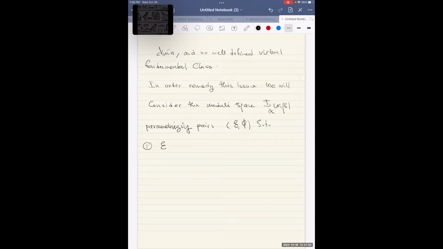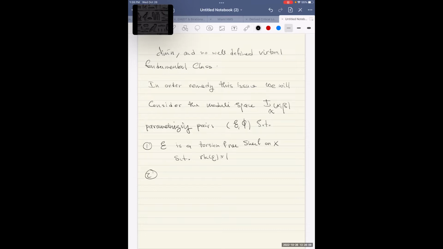E is a torsion-free sheaf on X such that the rank of E is equal to 1. 2.